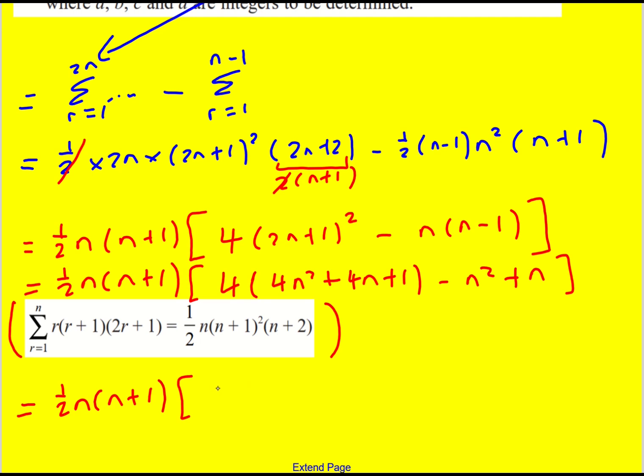Then I'll get 16n squared, but I'm minusing n squared, so it'd be 15n squared. Then plus 16n, but I'm adding n, so it'd be plus 17n plus 4. Okay, and then I just need to factorize that second bracket.